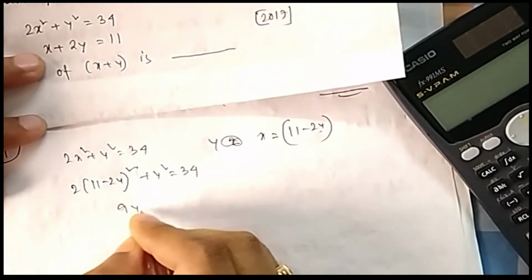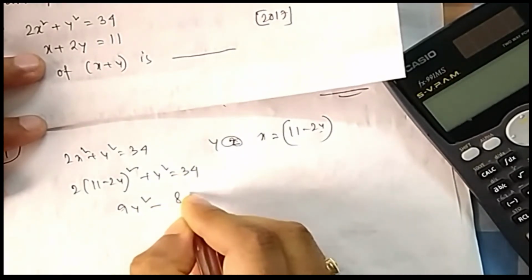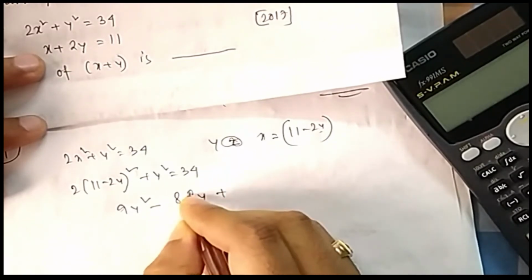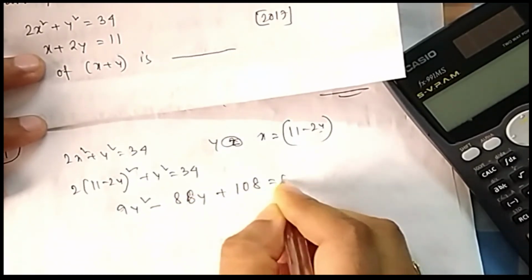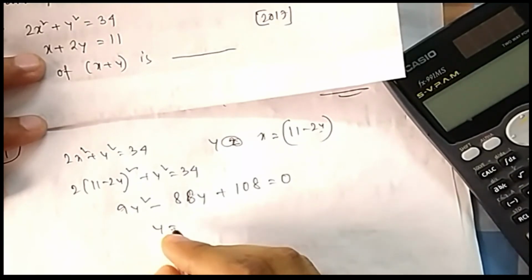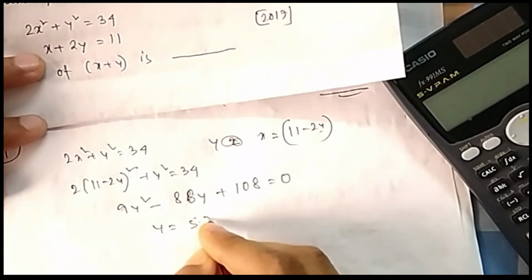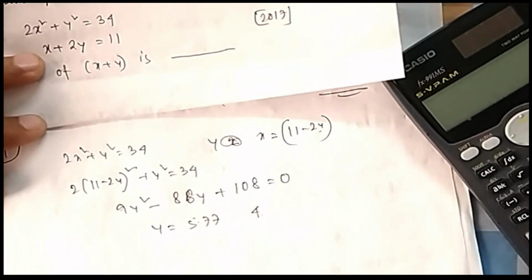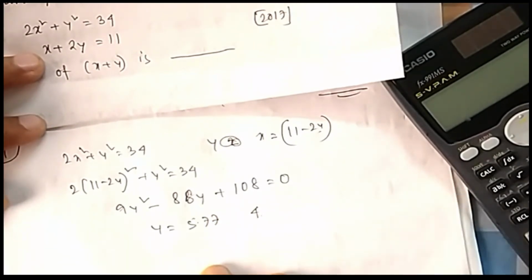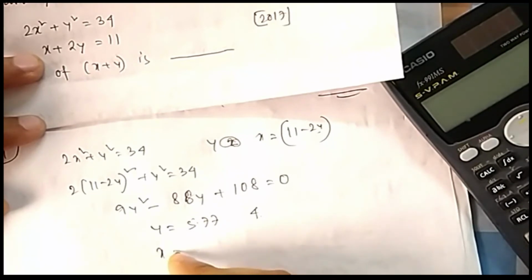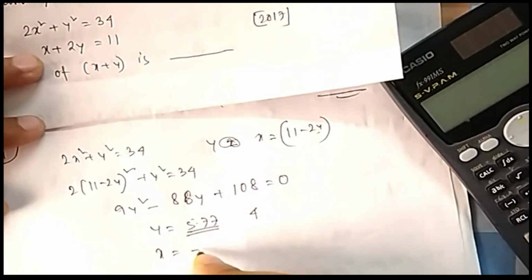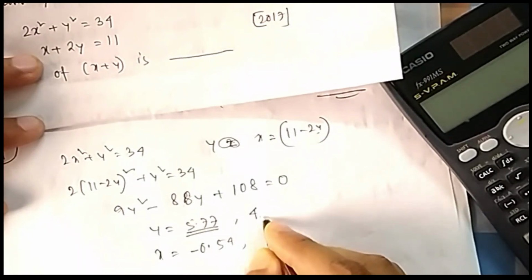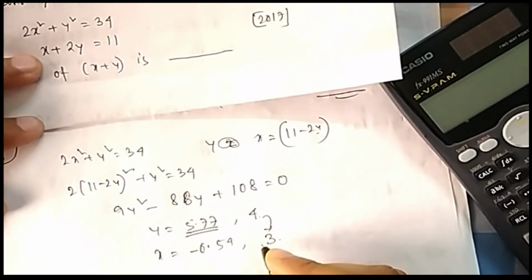I am directly writing 9y square minus 88y plus 108. You will find something of this, then you can calculate it using Sridhar's formula. You will get 5.77, then 4. If you put 5.77, you will find x equal to minus 0.54, and if you put y equal to 4, then you find x equal to 3.